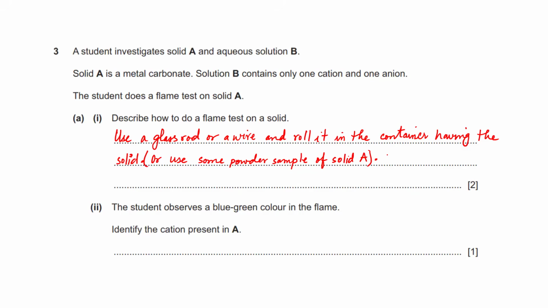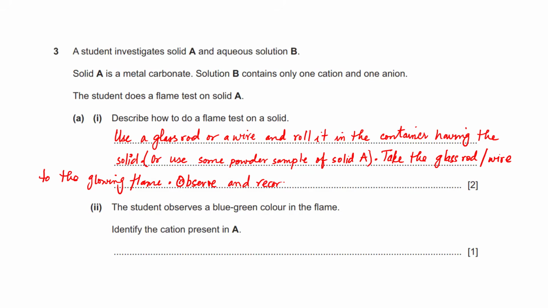Now take the glass rod or wire to the glowing flame. Observe and record the color change of the flame. Okay, that's how you do it.